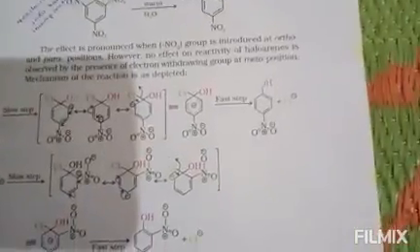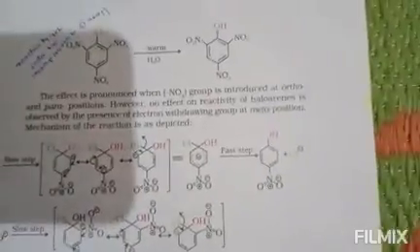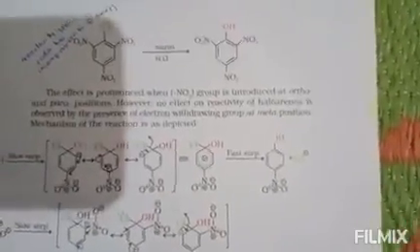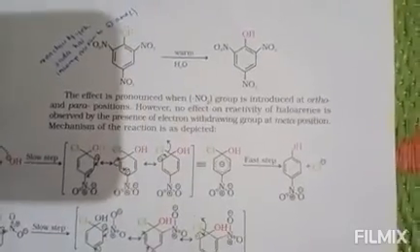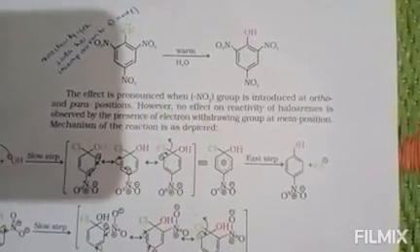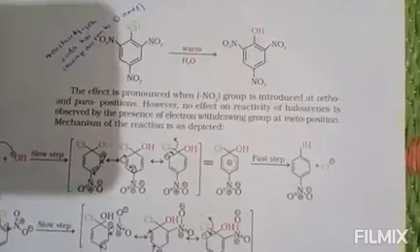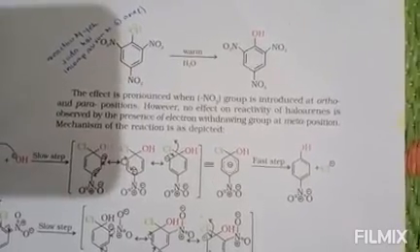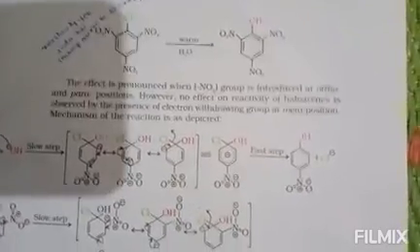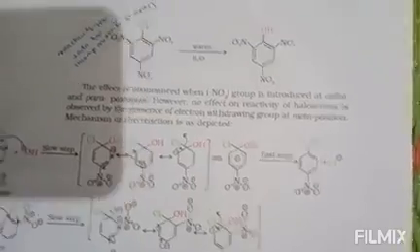Now in this we have three electron withdrawing groups, so when you slightly warm it you will get trinitrophenol. So this is what we have seen here.